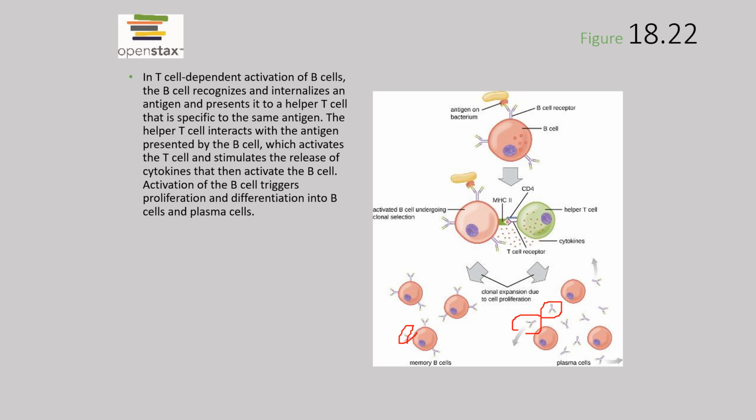Because if you knock out the helper T cells, that means you can't activate the cytotoxic T cells to go out and search throughout the body and destroy those cells. You cannot make antibodies because the B cells were never activated because the helper T cells were destroyed.